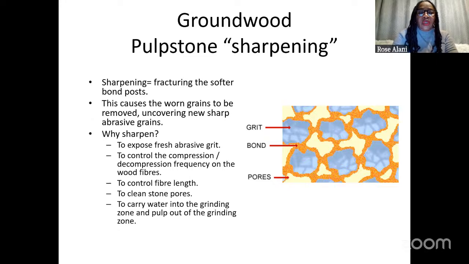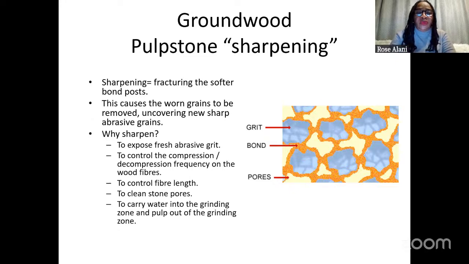You do that to control fiber length. You do that to clean stone pores, because if you don't keep sharpening it, the pores will be clogged and blocked, and it will be much more blunt, and it will not be useful.